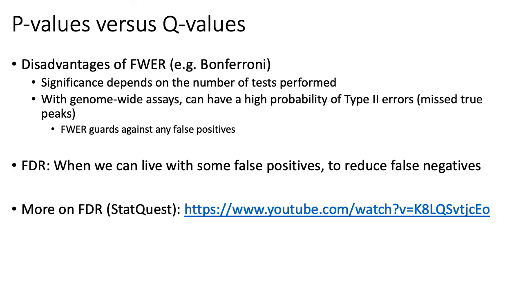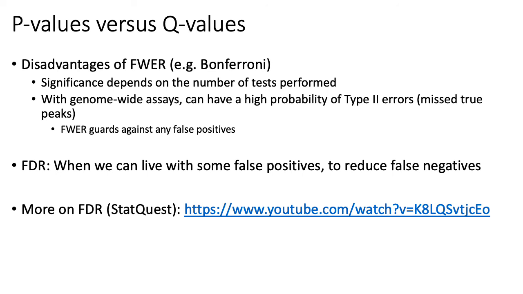And so again, as I just mentioned, one of the disadvantages of controlling family-wise error rate, or in other words, using Bonferroni correction, is that your corrected p-values depend on the number of tests you do. So the more tests you perform, or the more classrooms you check, the harder it is for any given p-value to actually meet your post-correction threshold.